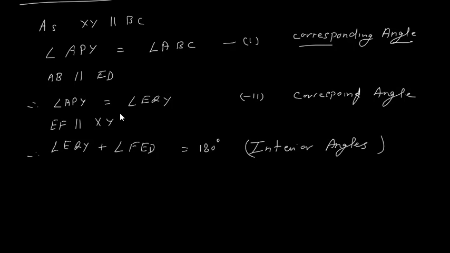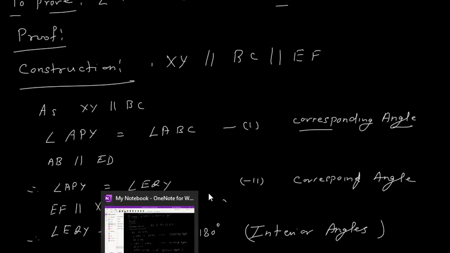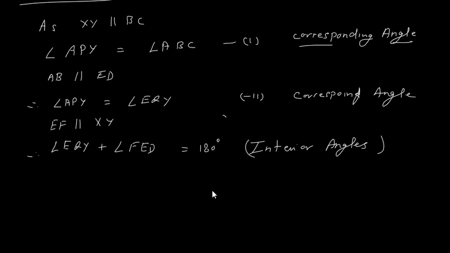Now let us check what we have to prove. Angle ABC plus DEF. So FED or DEF, they are the same angle. So let us write angle DEF. Now their addition is 180 degree.